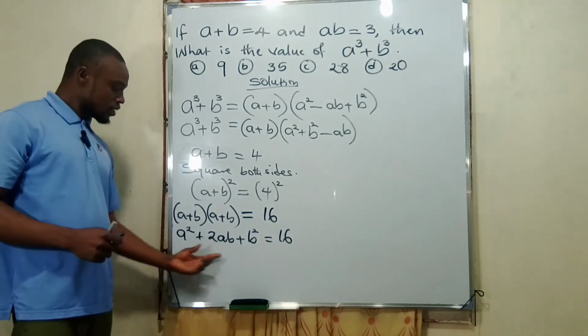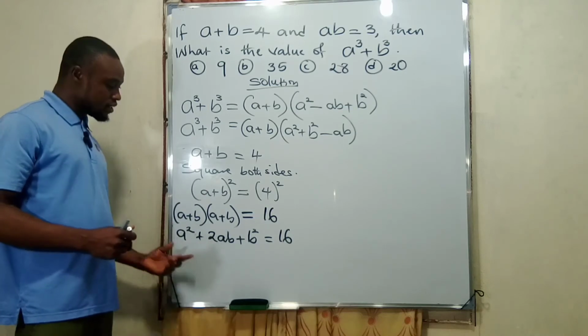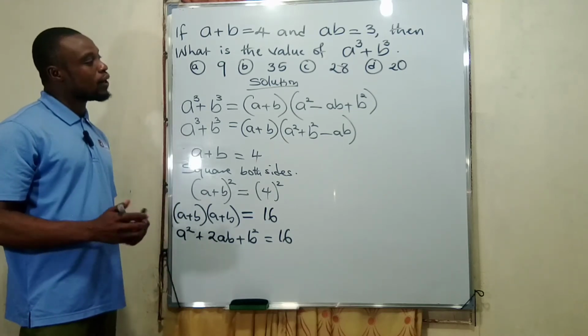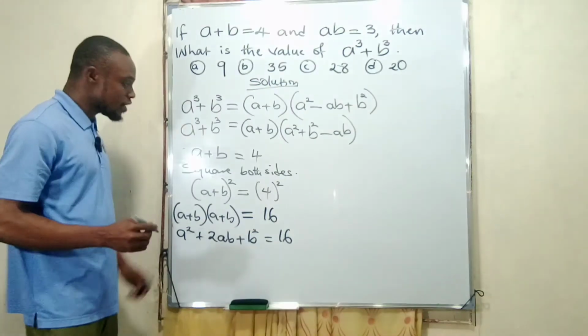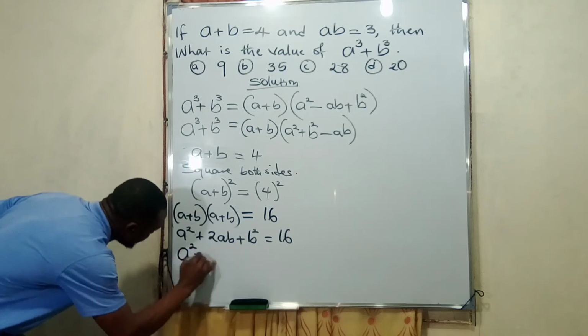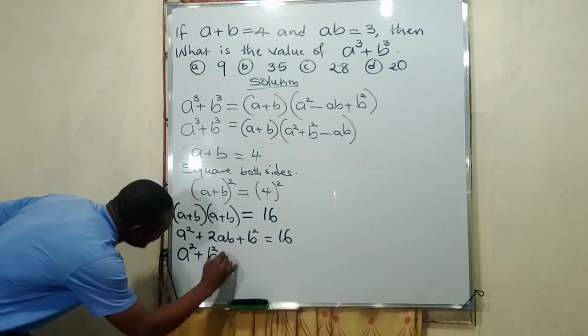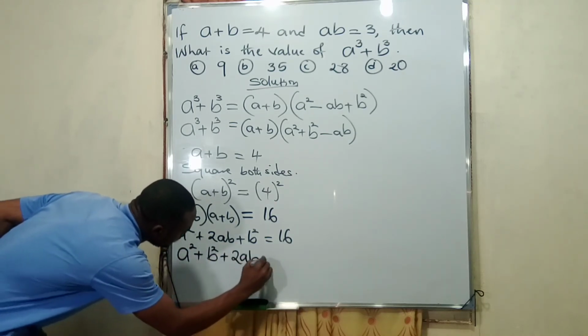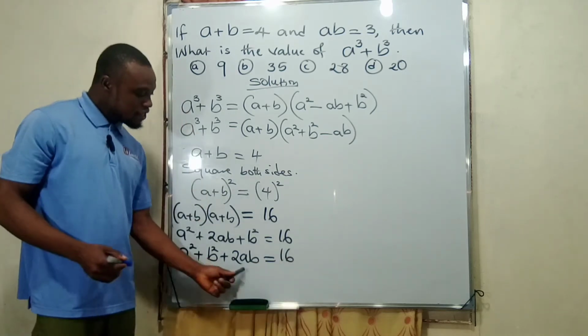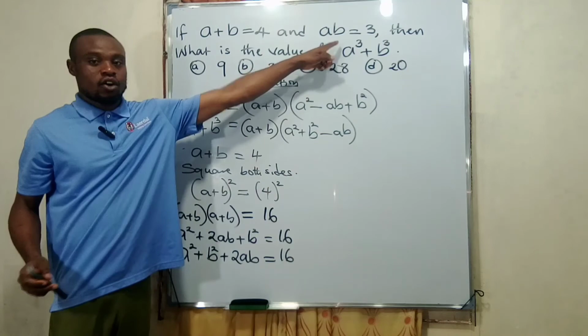Looking at this, we can rearrange, right? Let's rearrange this before we substitute our ab, that's a times b. So we now have a squared plus b squared plus 2ab, which is equal to 16. Now, ab is given to us as 3 up there.